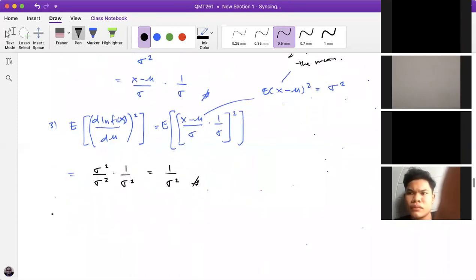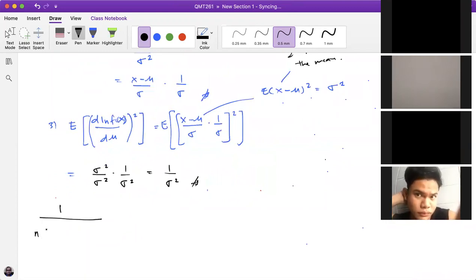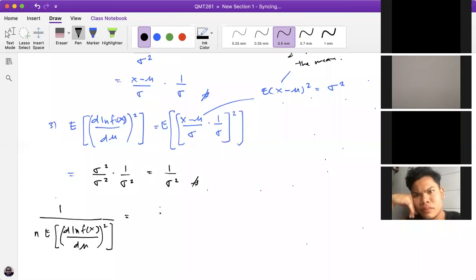Yes. So now we put it into the whole formula: 1 divided by n times the expected value of the derivative of ln f(x) with respect to mu, squared. So it becomes 1 over n multiplied by 1 over sigma squared, so it becomes sigma squared over n.